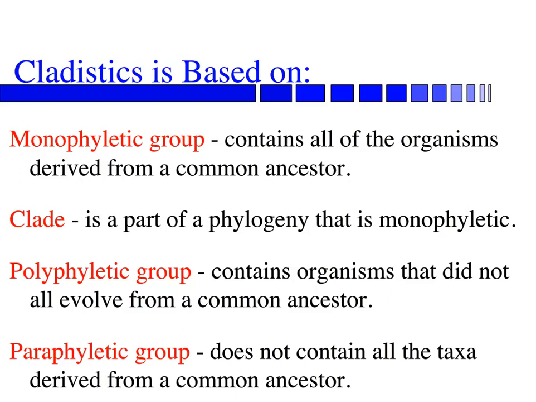You can't study everything. You can study a polyphyletic group, and as soon as you see polyphyletic, you know that means you have a couple of different common ancestors with critters that came off of them. Last but not least is paraphyletic. Paraphyletic means you have a common ancestor and some of the taxa that came from that common ancestor, but not necessarily everybody.